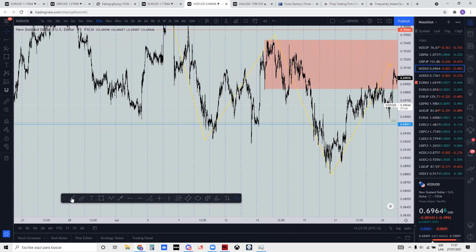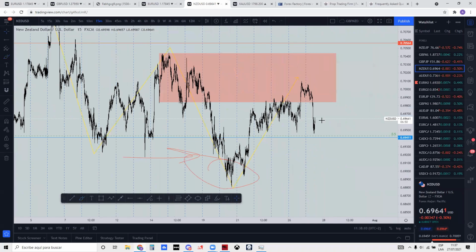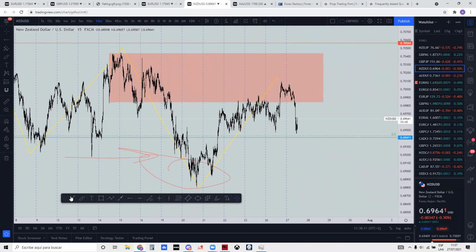Of course, after grabbing external liquidity of this low, they accumulate orders. Why? Because they want to grab again internal liquidity above these highs now in order to accumulate more shorts. And in order to do that, they are distributing. So since they are distributing, we are seeing equal lows, price attacking the buy side liquidity over and over again.